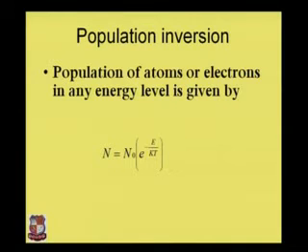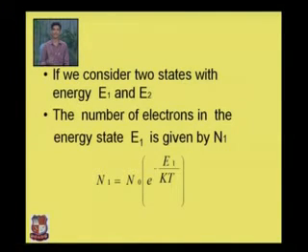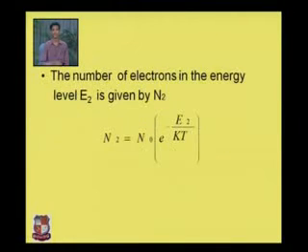If we consider two energy states with energy E1 and E2, the number of electrons in the energy state E1 is N1 = N0 e^(-E1/kT), and the number of electrons associated with the energy level E2 is N2 = N0 e^(-E2/kT). So N1 and N2 are the number of electrons associated with the two energy levels E1 and E2.